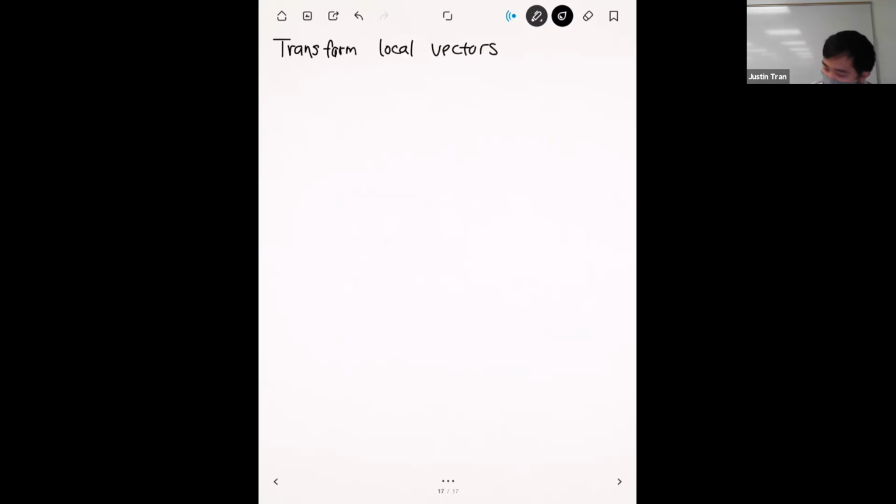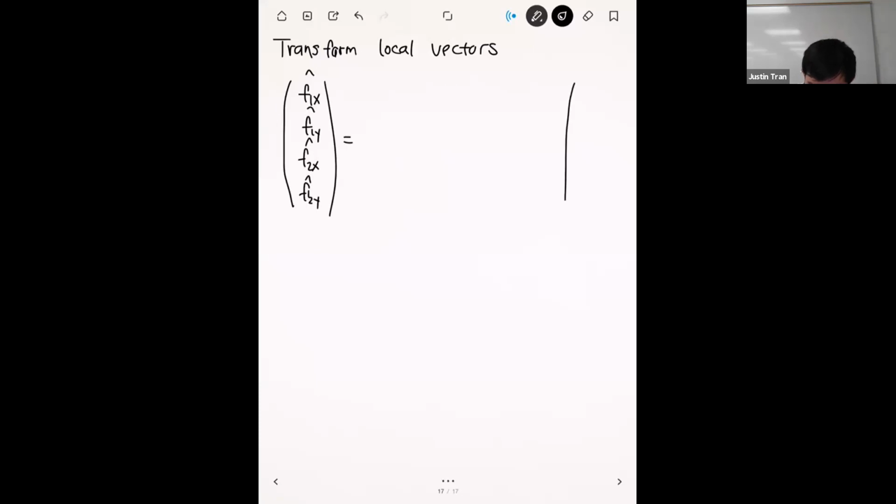And they can both be transformed in the same way. So if we have f1x hat, f1y hat, f2x hat, f2y hat, we want to transform this eventually into f1x, f1y, f2x, f2y, without any hats.